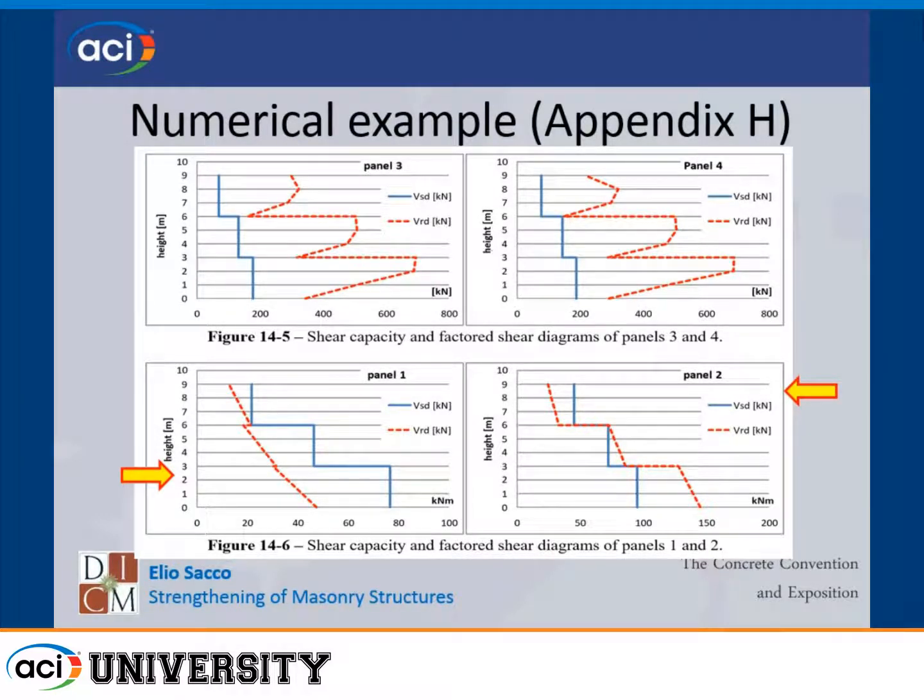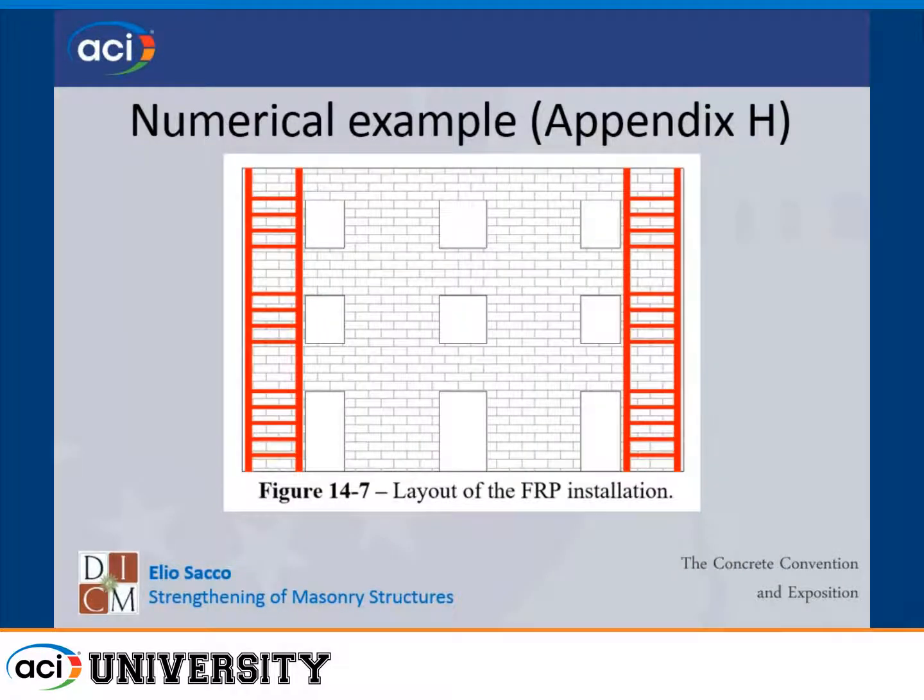For panels 1 and 2, again, we have a little problem here, and a bigger problem here in this part, where the shear capacity is lower than the required. So finally, this is the kind of intervention we proposed: vertical intervention for the bending moment and horizontal for shear.